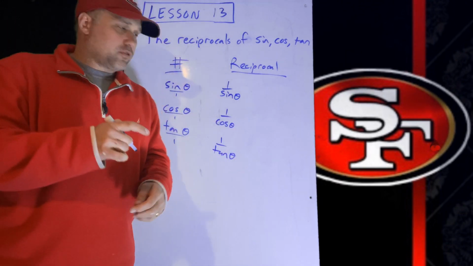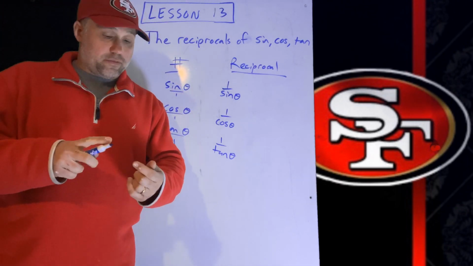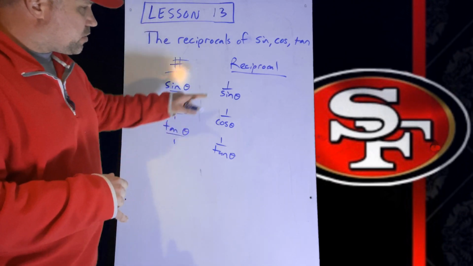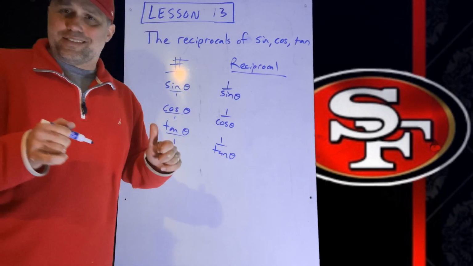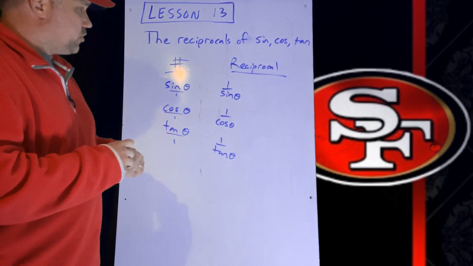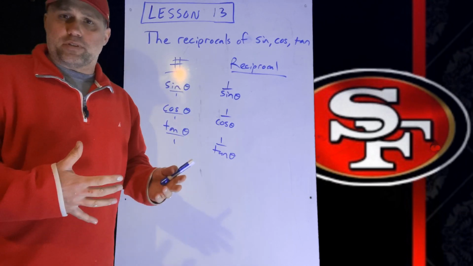However, those three reciprocals have special names, and these are new names that you haven't seen before in any of your work in trigonometry. This 1/sine has a name, and so does 1/cosine and 1/tangent. So I'm going to erase here and rewrite and introduce you to those new names.